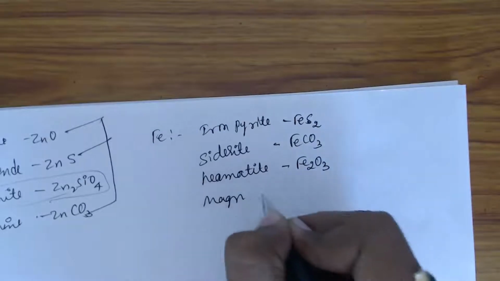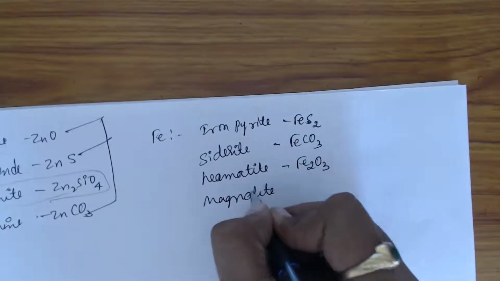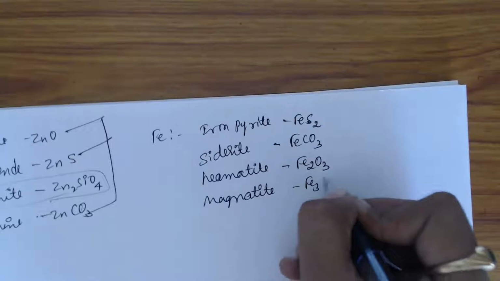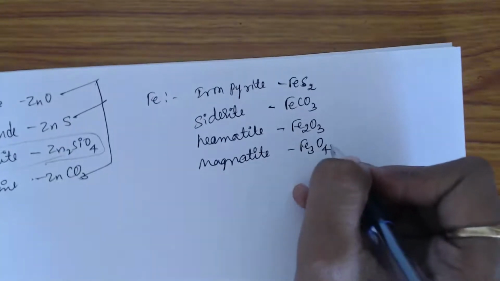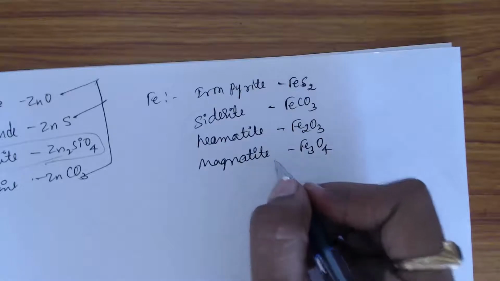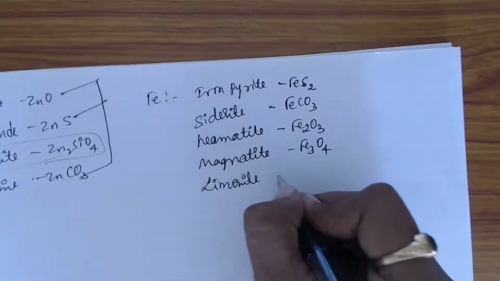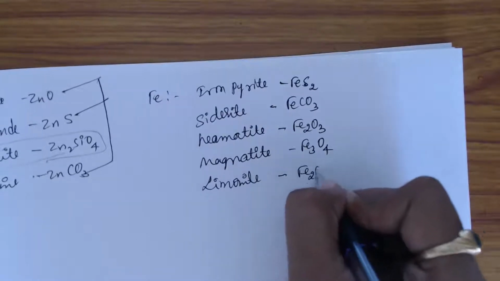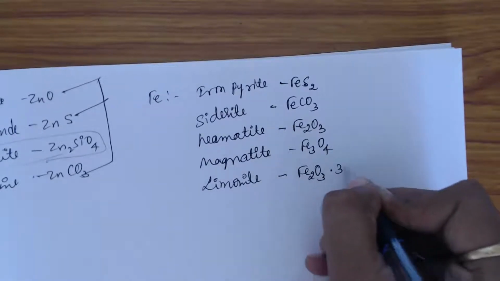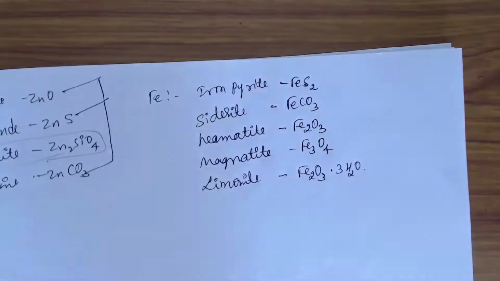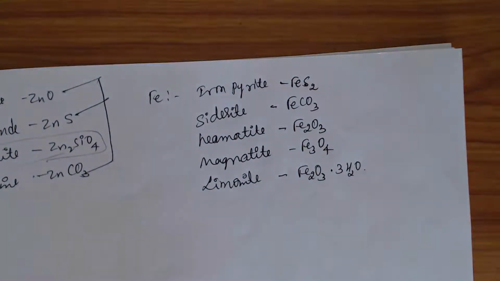Magnetite is there. Magnetite means Fe3O4. Okay. So another one is there, that is limonite. Limonite means Fe2O3 into 3H2O. So these are all the important sources of iron.